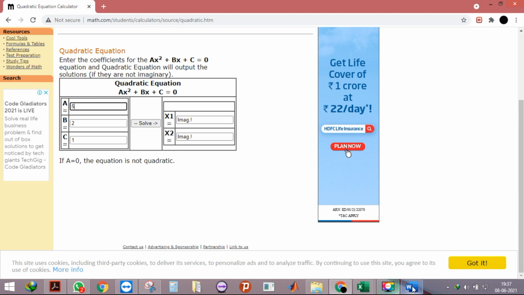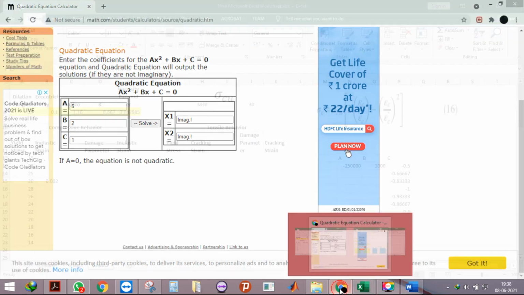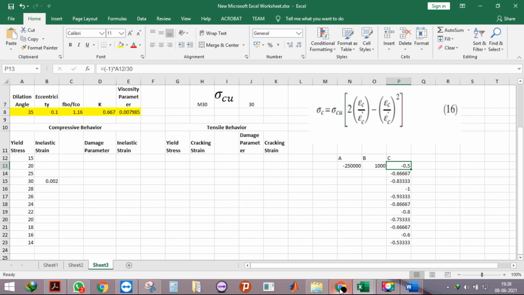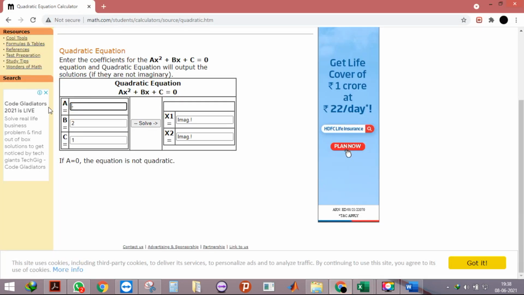Once you get the coefficients, just type in Google quadratic equation solver, and you'll get this type of calculator. Now you enter the value of A, 2,50,000, minus 2,50,000, which is already given.